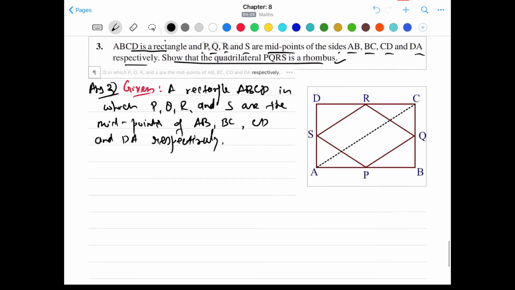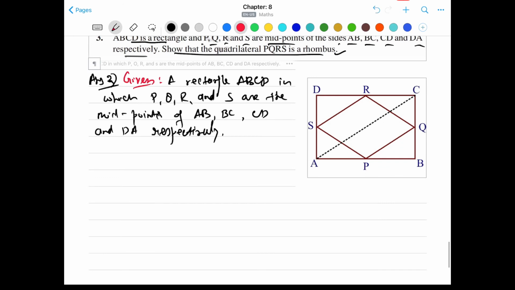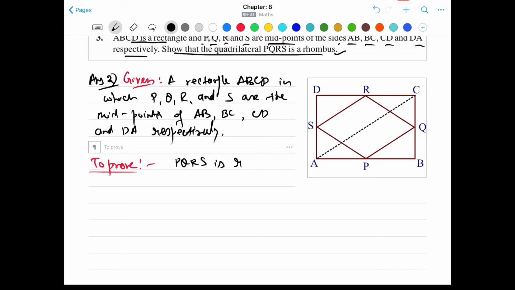And this is what is given to us in this question. What we have to prove here is that PQRS is a rhombus. To prove: PQRS is a rhombus. That's what we have to prove.